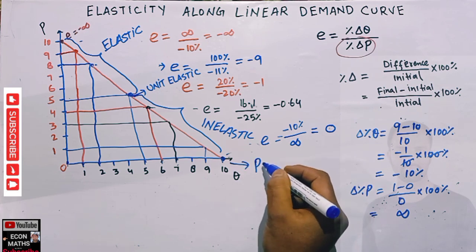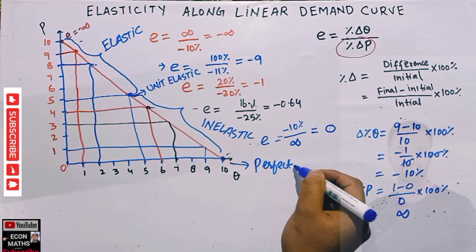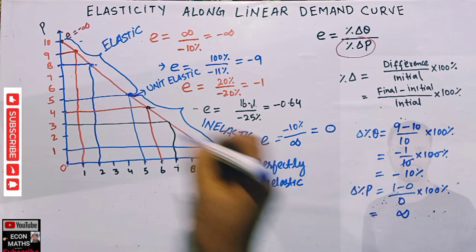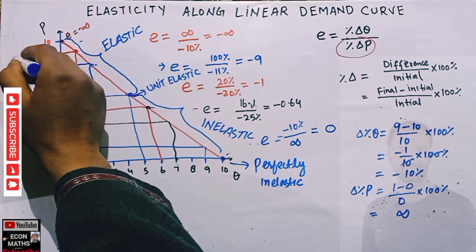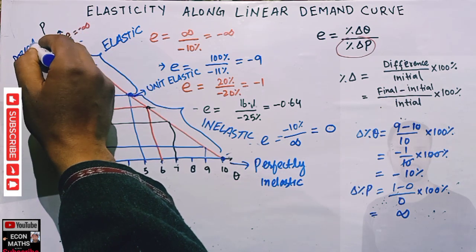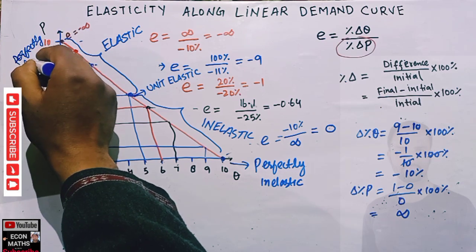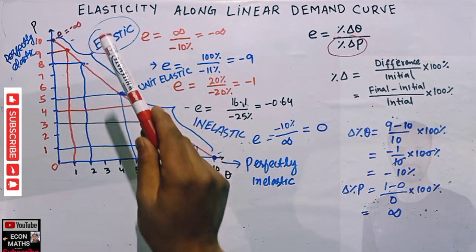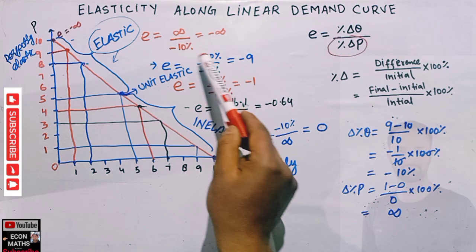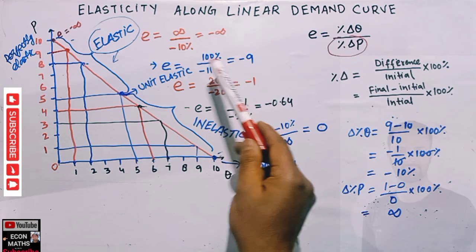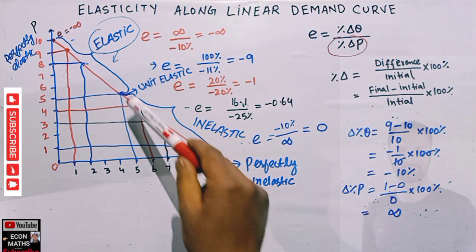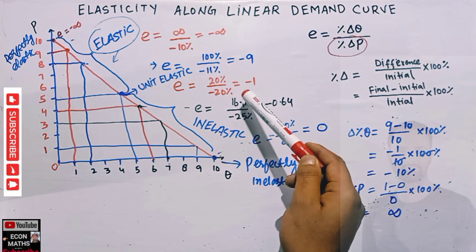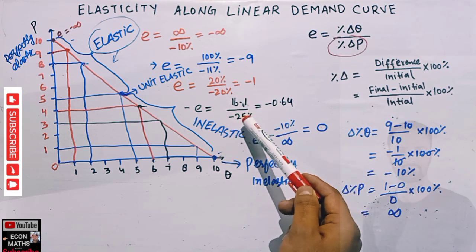Here we have perfectly inelastic, and at this other point we have perfectly elastic. By elastic we mean that the percentage change in quantity demanded is greater than the percentage change in price in this elastic portion, and in the inelastic portion the percentage change in quantity is less than the percentage change in price.